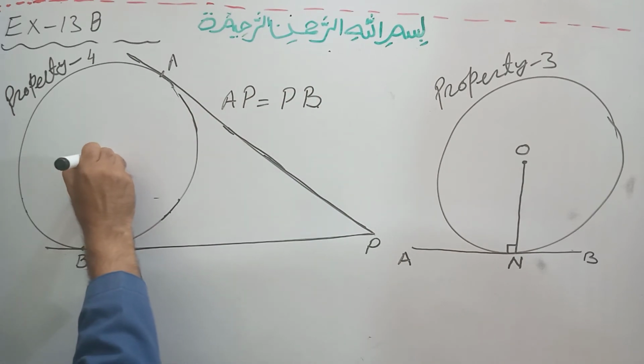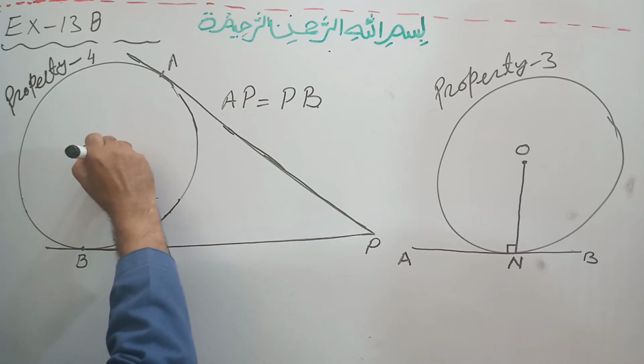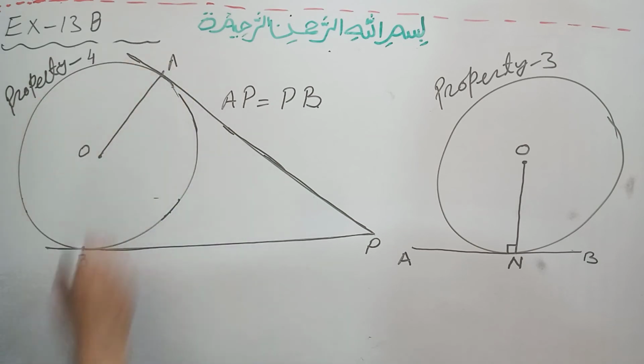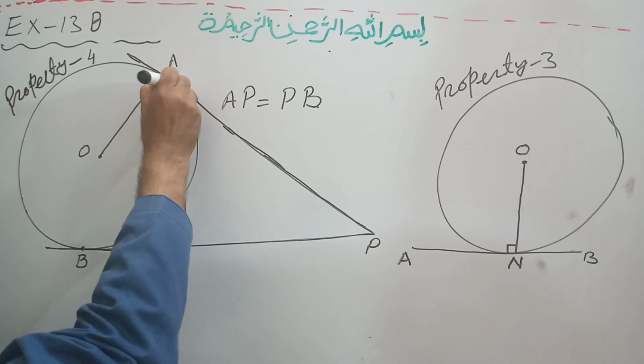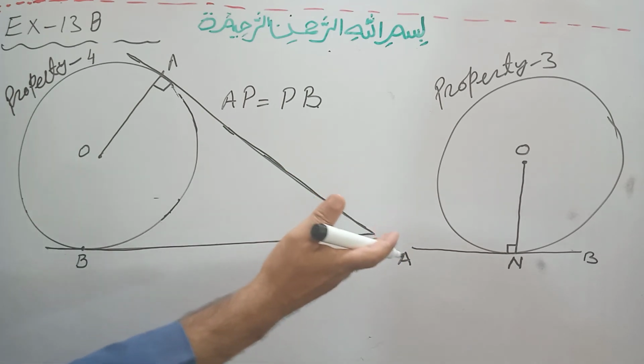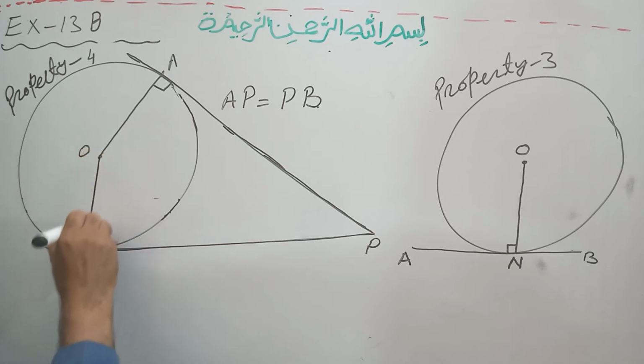If there is a center O, the tangent is perpendicular to the radius of the circle. This is the third property. You can see here again, this tangent is perpendicular.